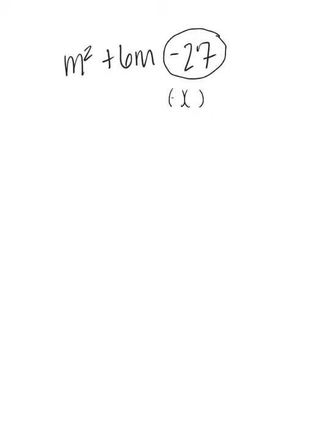So let's look at negative 1 and 27, or positive 1, negative 27. Let's look at negative 3 and 9, or 3 and negative 9. And I think that's about all I can do.